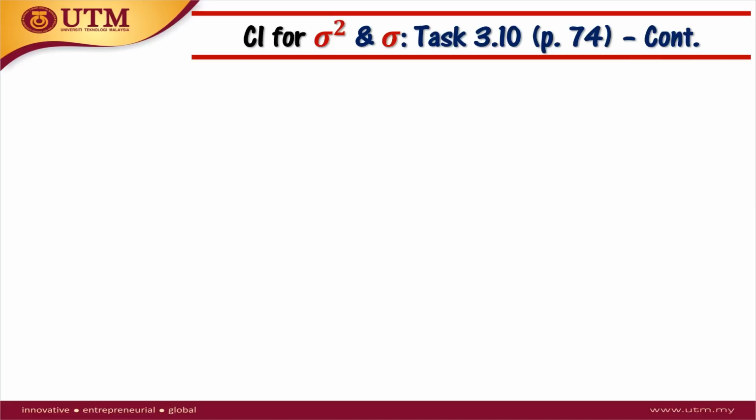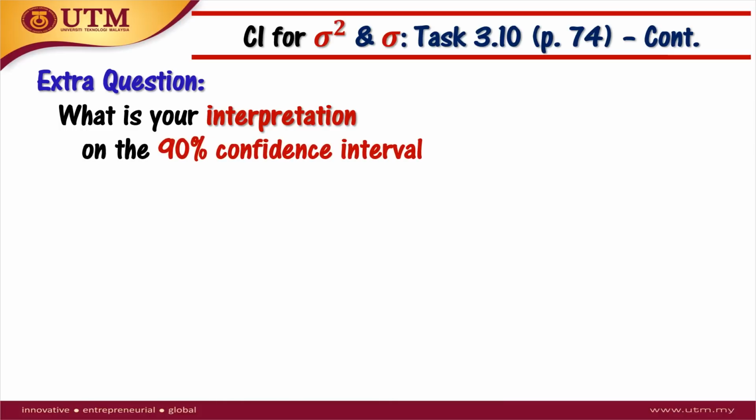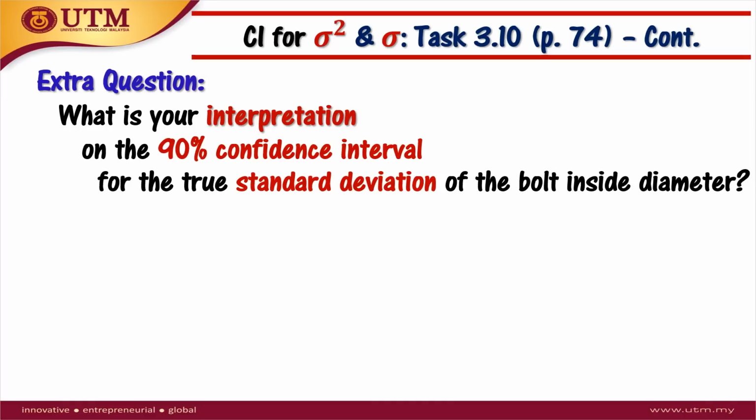If we look again at task 3.10, suppose we have this extra question. What is your interpretation of the constructed 90% confidence interval for the true standard deviation of the bolt inside diameter?